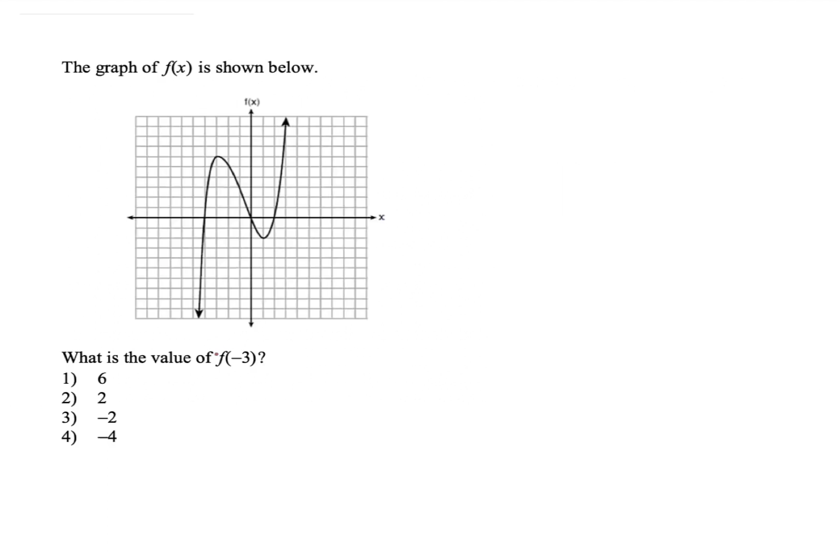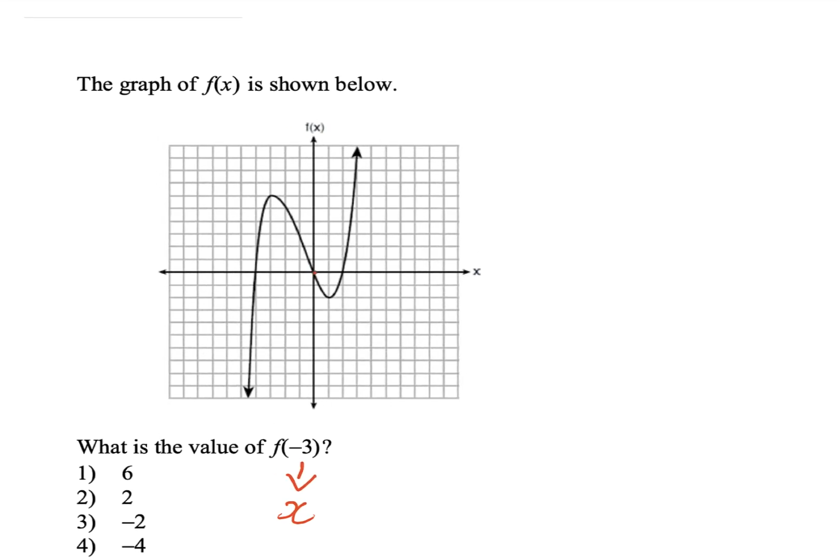Let's look at some task-like questions. The graph of f of x is shown below. Here's our graph. I have to find the value of f of -3. -3 is my input value, so I have to find -3 on the x-axis. This is the origin, so -3 would be to the left: 1, 2, 3.